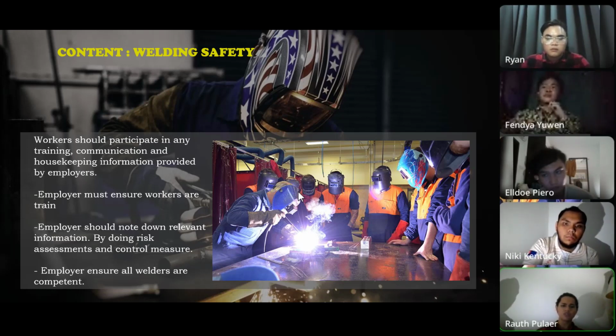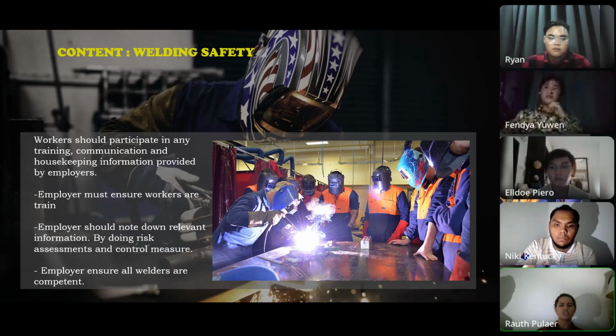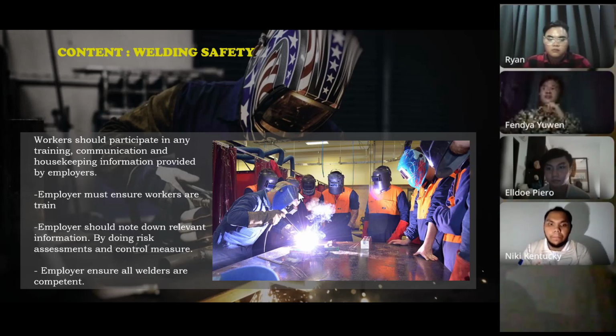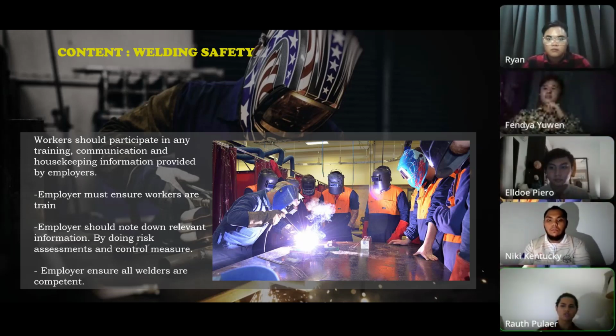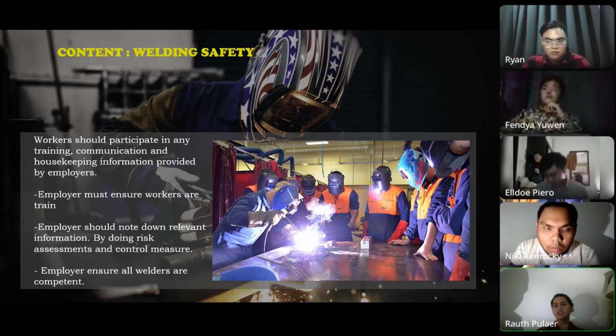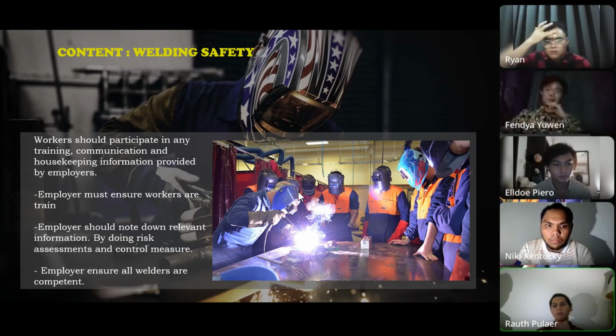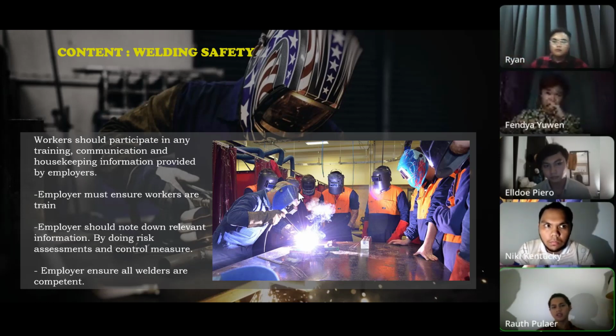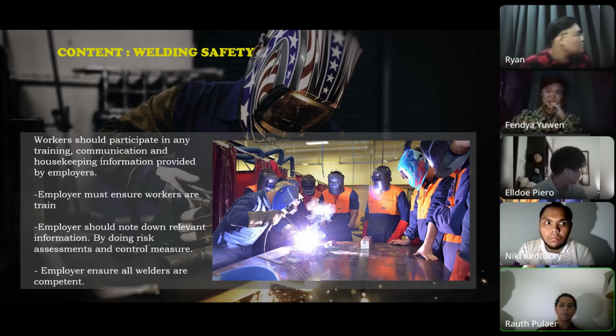Employers should note down any relevant information, for example, risk assessments and control measures. In case of any unwanted situation reported by welders, employers should take note and be aware. Employers ensure all welders are competent.